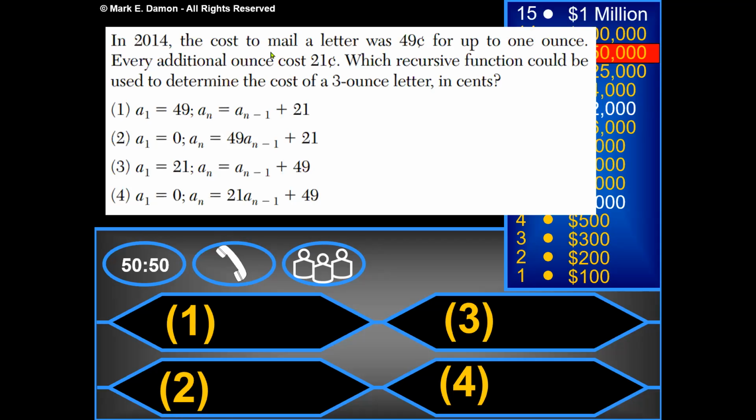All right, we got some guesses coming in. Some people wondering, this is worth how much? $250,000. Oh, wow.